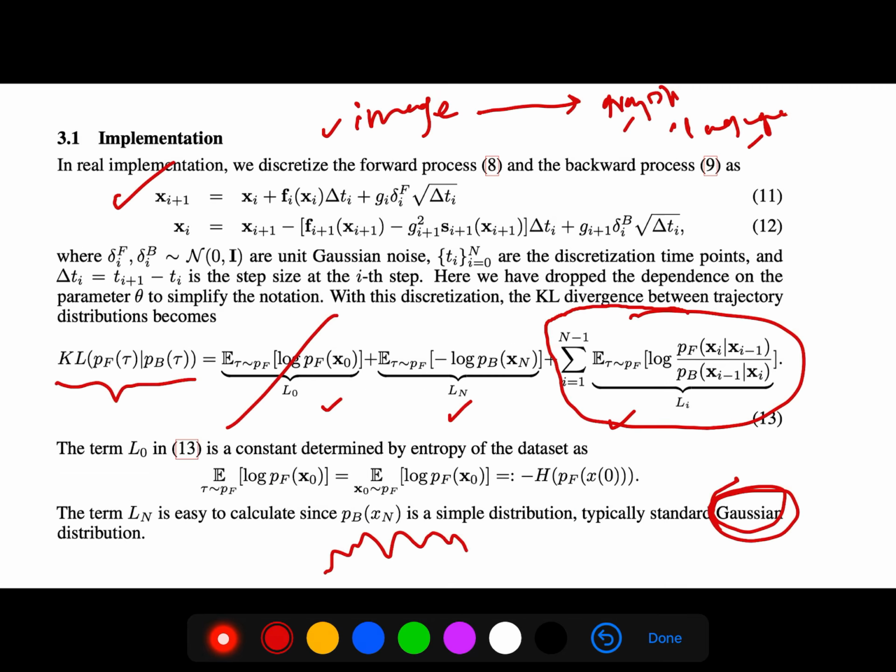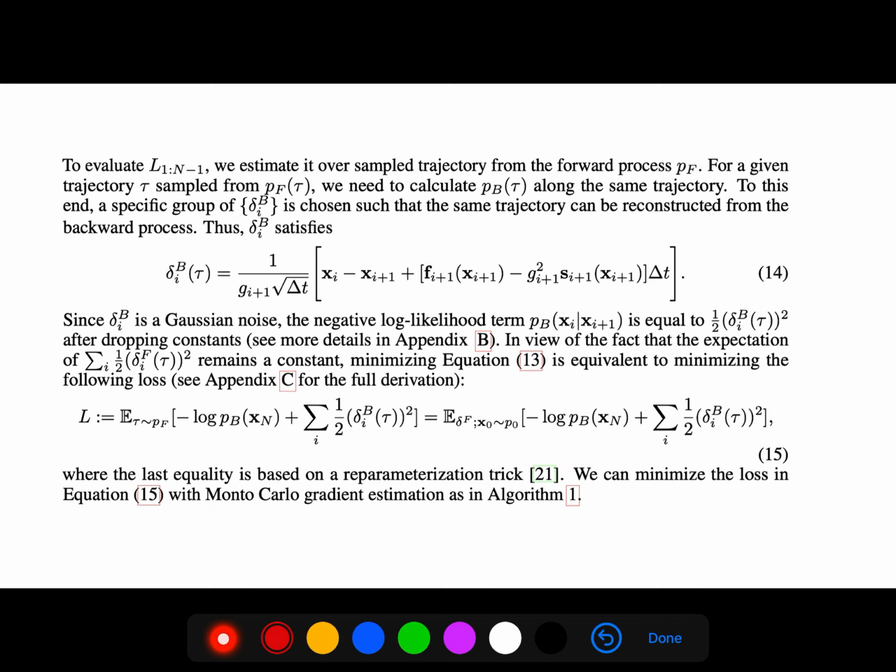So to evaluate the sum over i from 1 to N minus 1, we estimate it over sample trajectories from the forward process. For a given trajectory sampled from forward, we need to calculate the backward along the same trajectory. To this end, a specific group of delta is chosen such that the same trajectory can be reconstructed from the backward process.